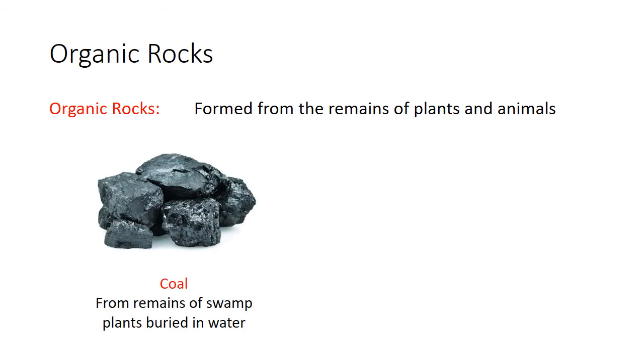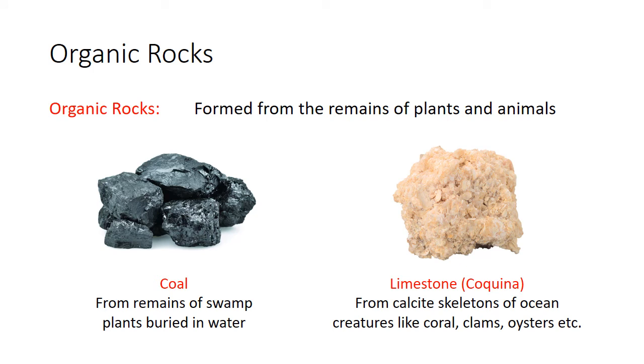Coal. Coal is a very common organic rock. It is formed from remains of swamp plants buried in water millions of years ago. Limestone is another type of organic rock.